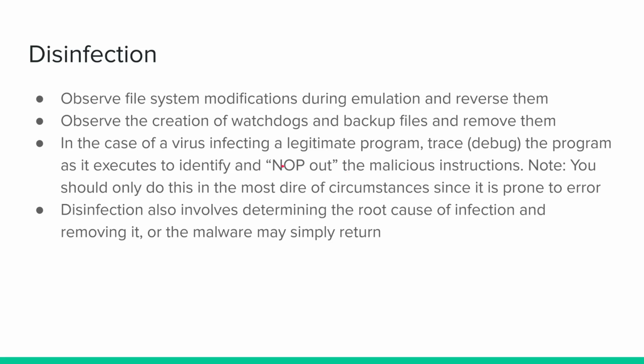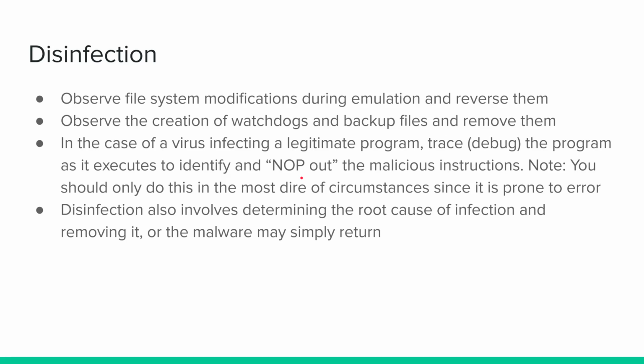Or if you find the branch in the code, like the else statement that takes you into the malicious code, if you just comment out that else or that condition, then you'll never branch into that code, and you can essentially lock off that area of the program if you needed to for some short-term reason. Again, we generally wouldn't do this, but if you had to, that's how you would do it.